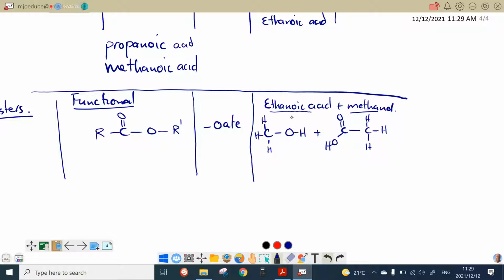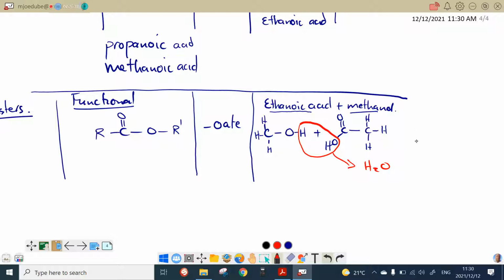Right, so during this reaction, the OH comes from the acid and the H comes from the alcohol. So this part of the molecule is going to be removed, and then the two molecules join up, and you will get the ester compound formed. So that water is removed as H2O.